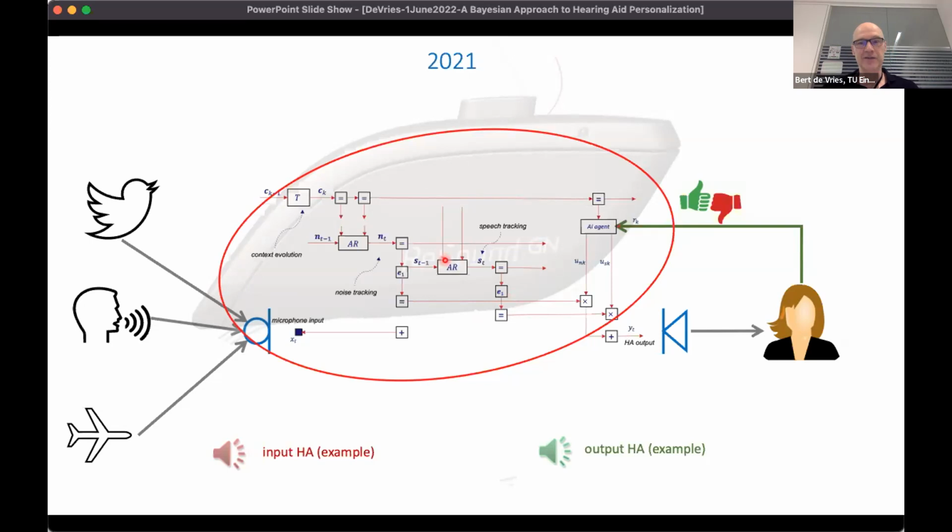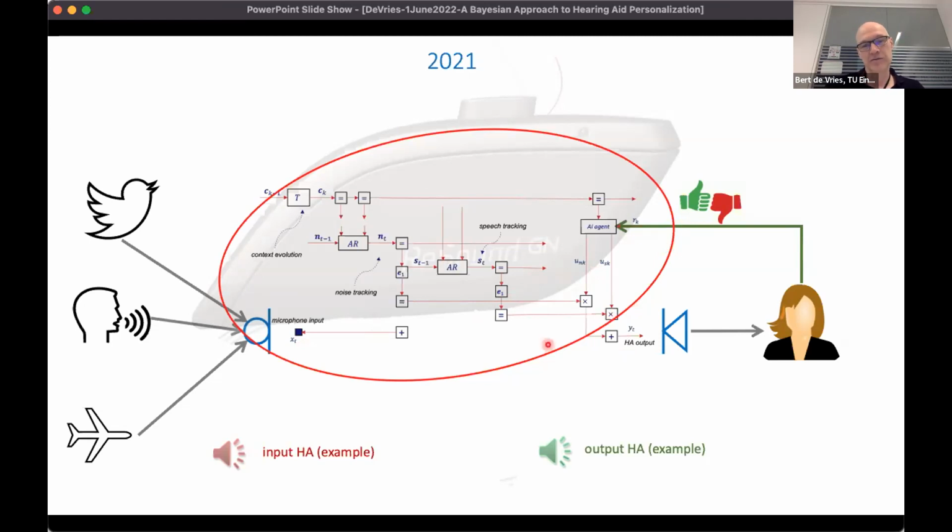But in the end, it's still a graph that goes inside the hearing aid. There's an input for microphones, there's an output, and there's also an input for user feedback. And this is a network, and we just do one thing in this network: variational free energy minimization by message passing.